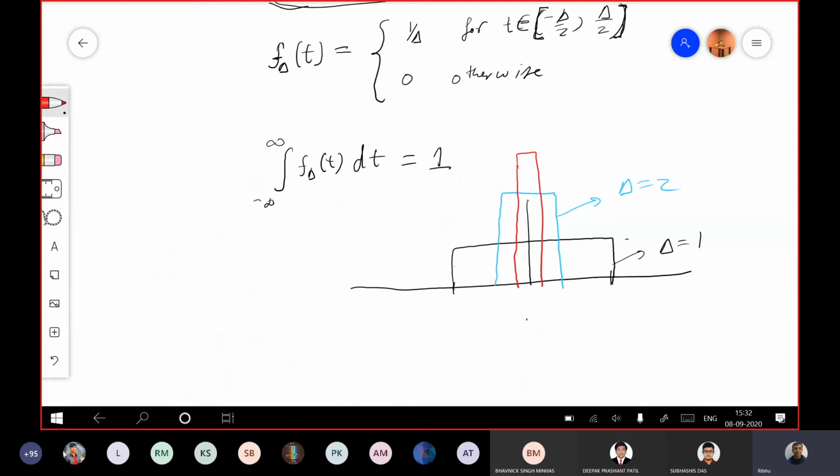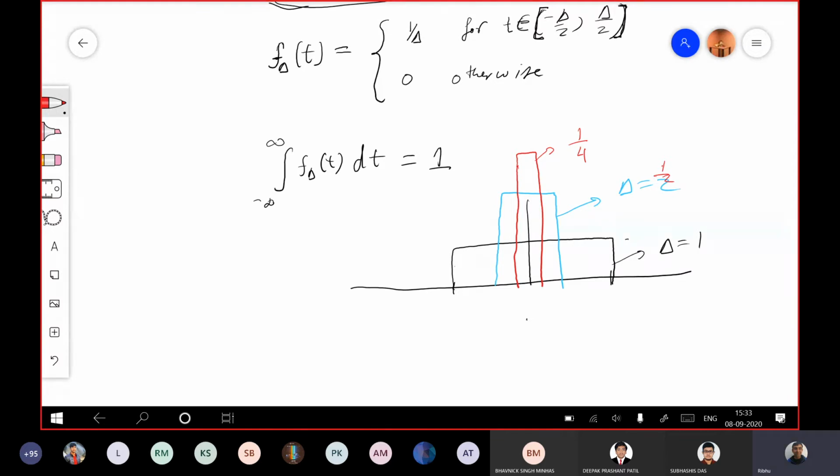So as a limiting case, delta equal to 1, delta equal to half, delta equal to 1 over 4. As delta tends to 0, I approach the Dirac delta. Fine. So this is one way of defining it.